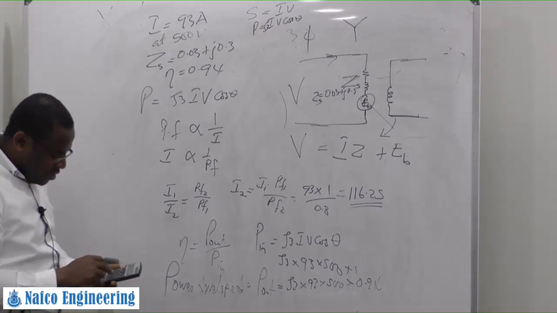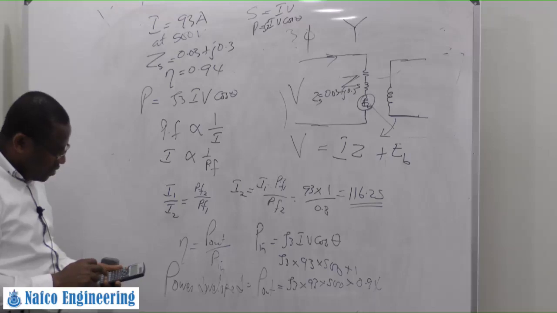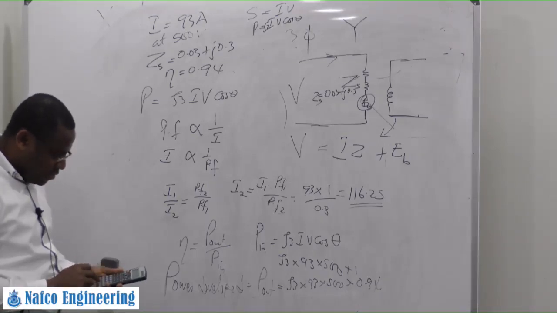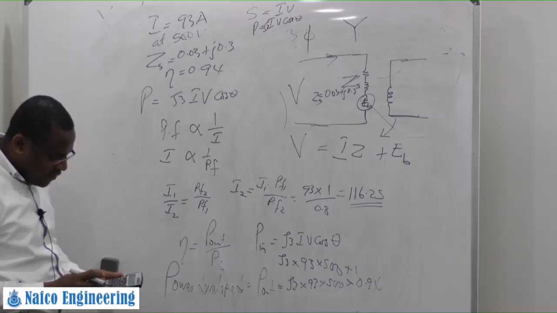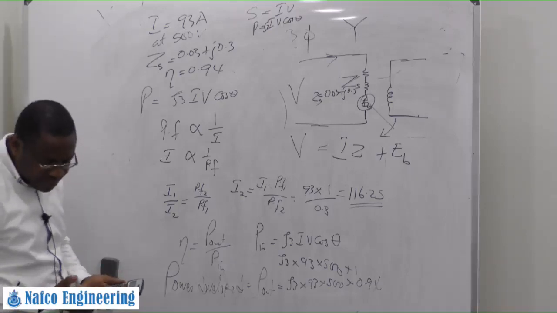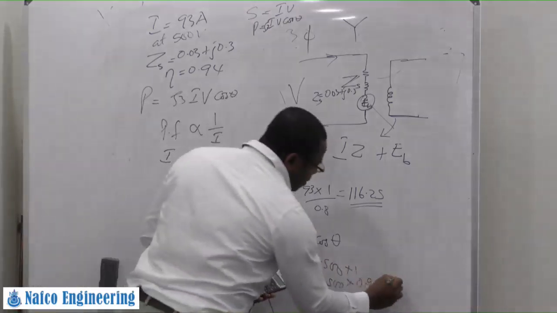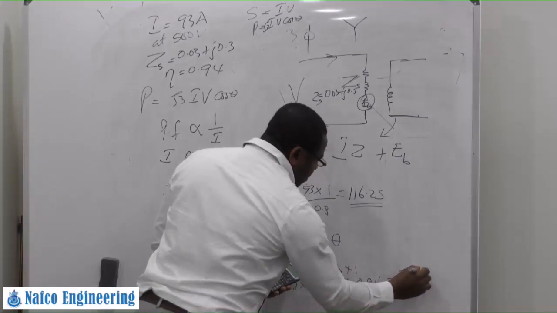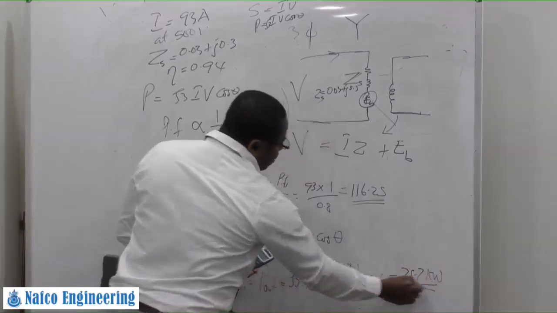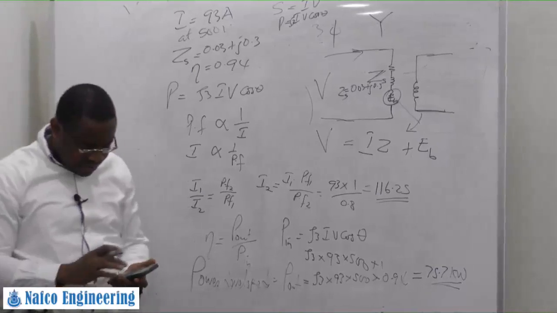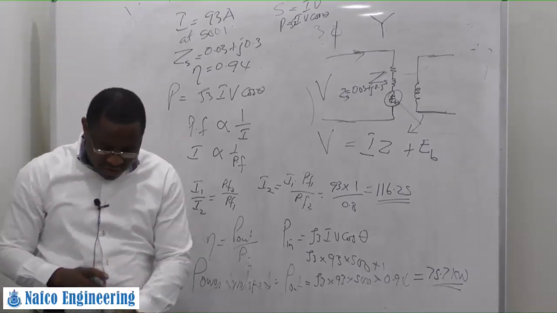That is root 3 times 93 times 500 times 0.94. That's 75.7 kilowatt. Okay, the power developed. Which is the answer there.